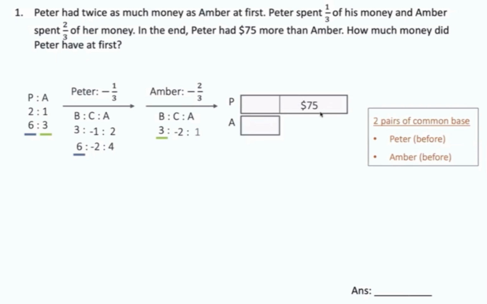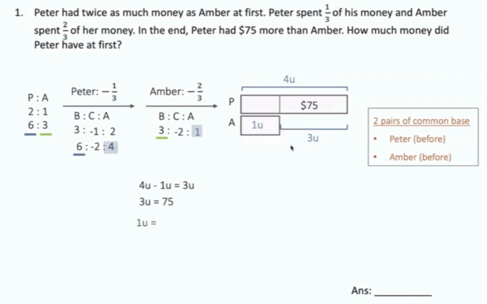This $75 is basically the difference between Peter and Amber in the end. Peter in the end is, look here, 4 units. Amber in the end, 1 unit. Therefore, $75 is 3 units.